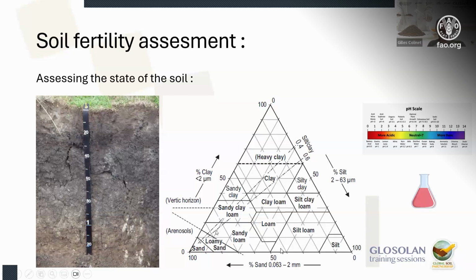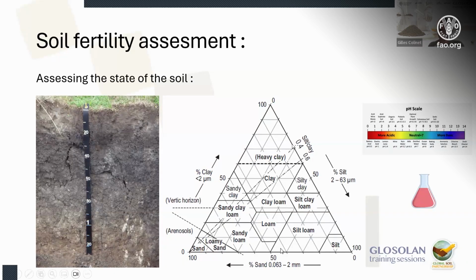Sometimes you also have reference values for interpreting your data that are linked to soil texture. We say, okay, if we have a clay soil, we will need to consider this value as high or low and so on. And it will be a different kind of threshold if you have sandy soils or loamy soils.